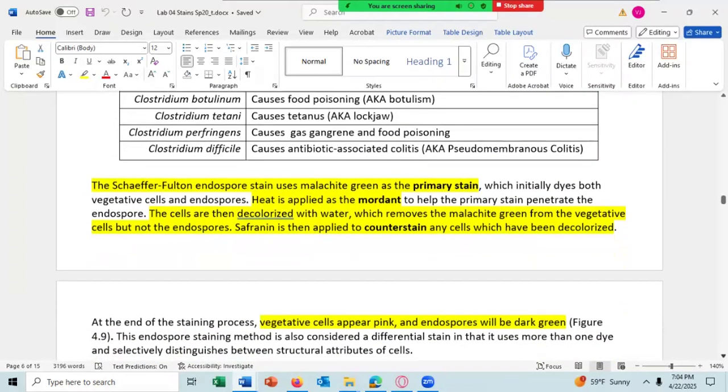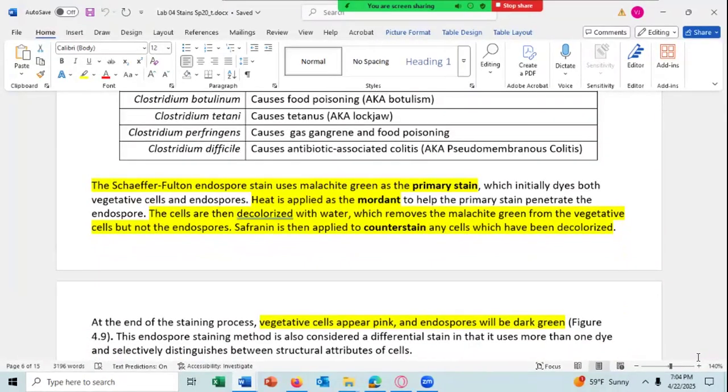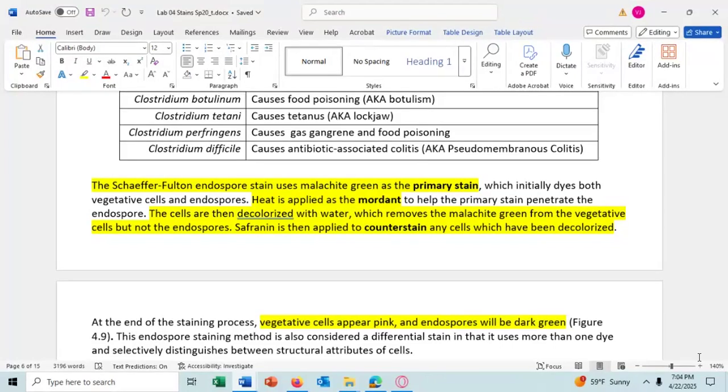We use the Schaeffer-Fulton endospore stain to stain for endospores. It uses malachite green as the primary stain, staining all cells green. Heat is then applied as the mordant. It helps the primary stain get in the endospore. The cells are then decolorized with water.